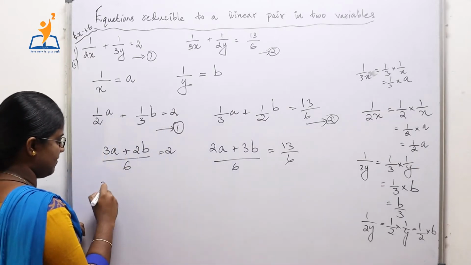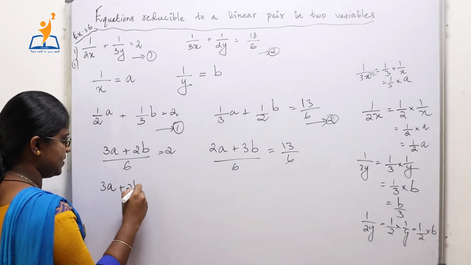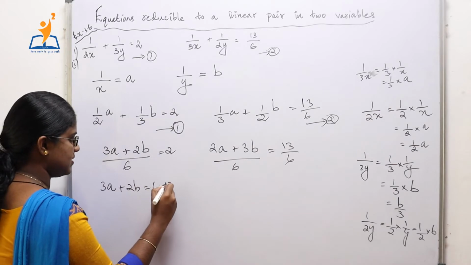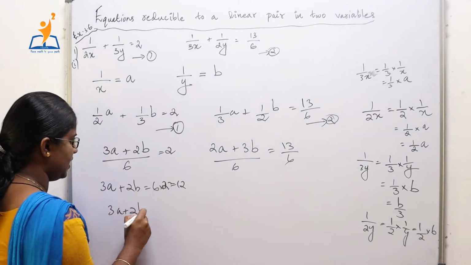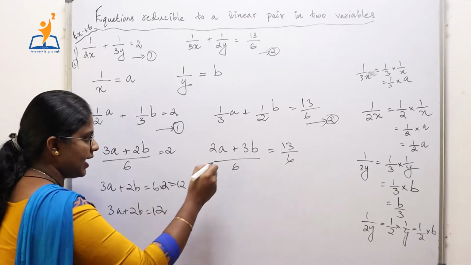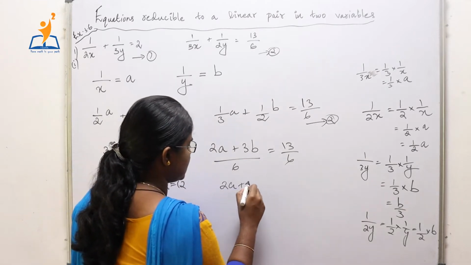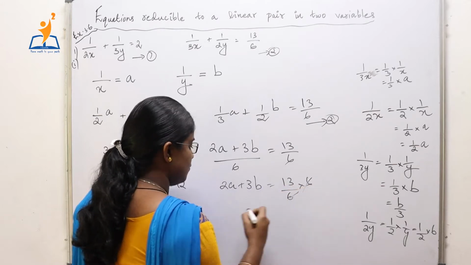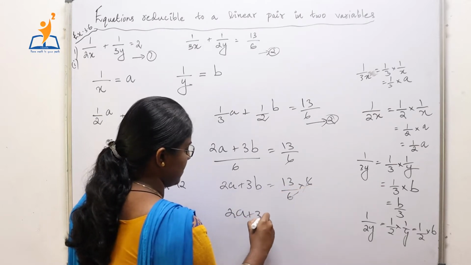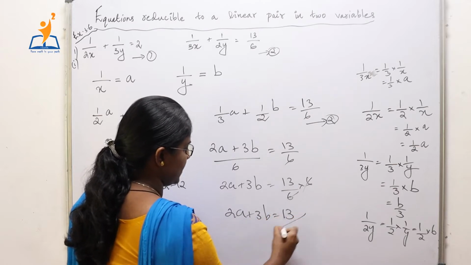We will get here 3a plus 2b is equal to 6 into 2, that is 12, that is 3a plus 2b is equal to 12, and here we have 2a plus 3b is equal to 13 by 6 into 6, which means 2a plus 3b is equal to 13.